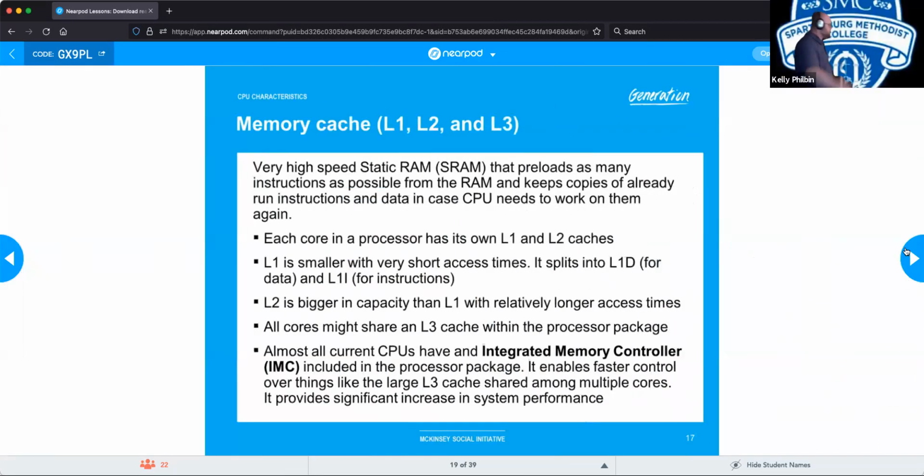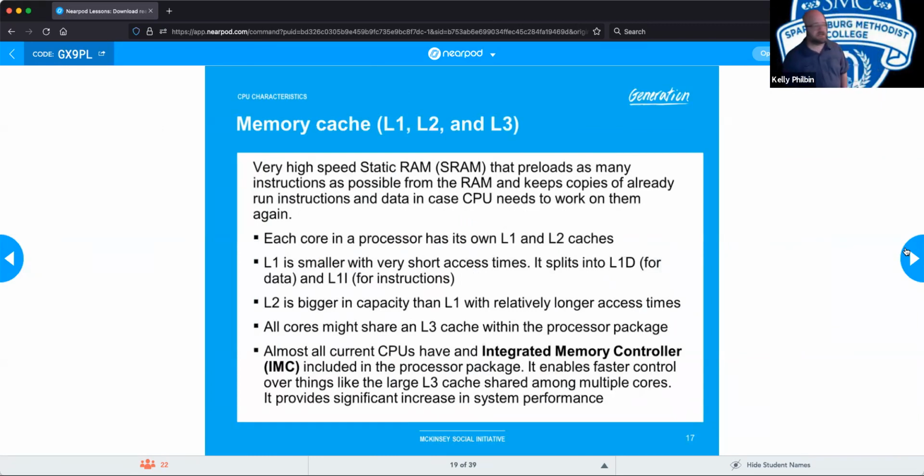All right, here's kind of a breakdown of what we were just talking about. The level 1s and level 2s. Essentially, it has to do a lot of computations. It's trying to hold on to the ones that it's doing repetitively as much as possible to increase performance as much as we pretty much can. That's where the level 1, level 2, and level 3 caches come into play.